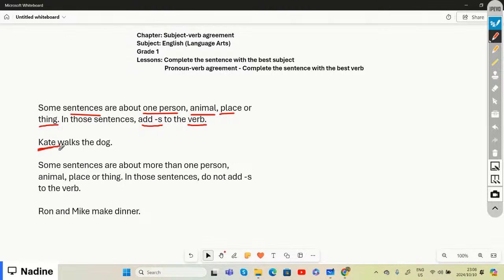She walks the dog. So walks is our verb, and as you can see, our verb ends with an s, because we're only making mention of one person, which is Kate, that's doing something.